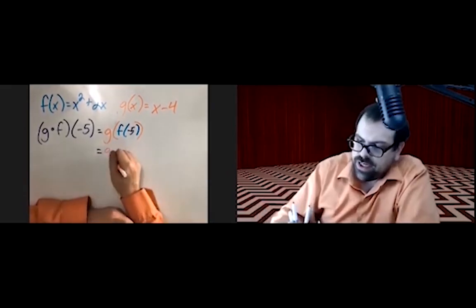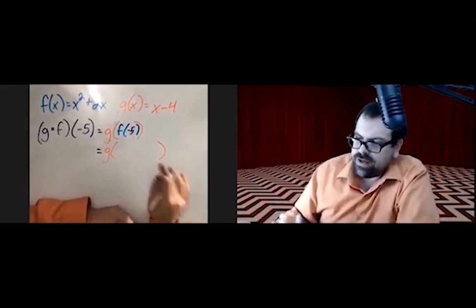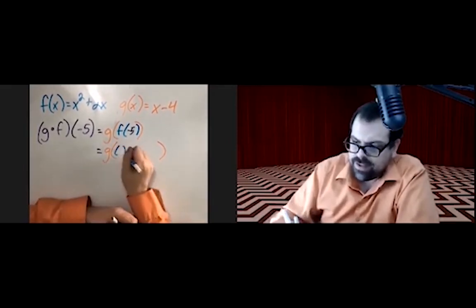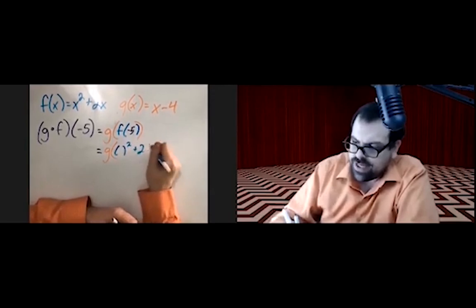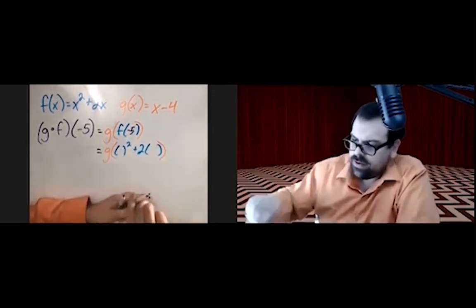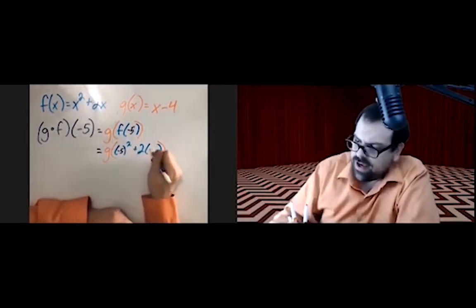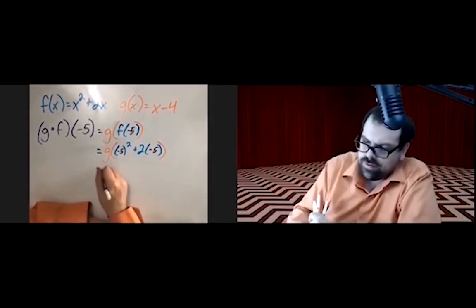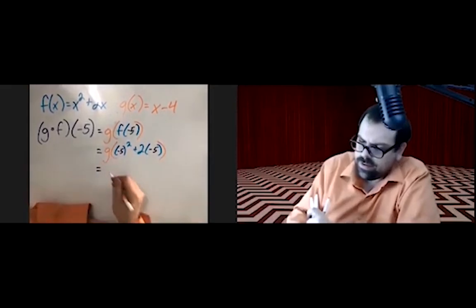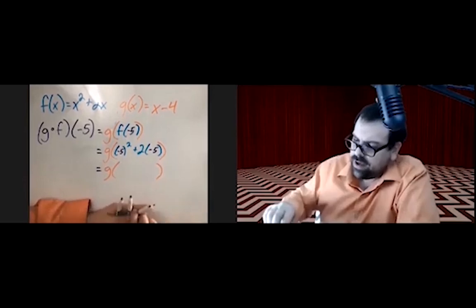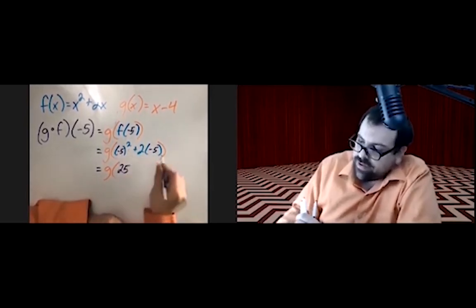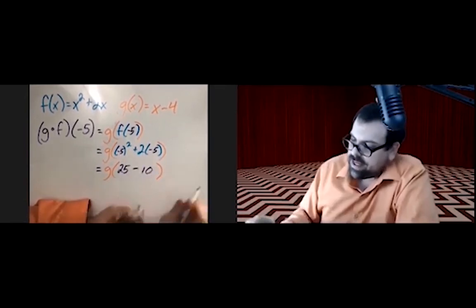This is going to be G of whatever it is when we find f of negative 5. That's the thing squared plus 2 times the thing. The thing is negative 5. That's G of negative 5 squared is 25 minus 10.